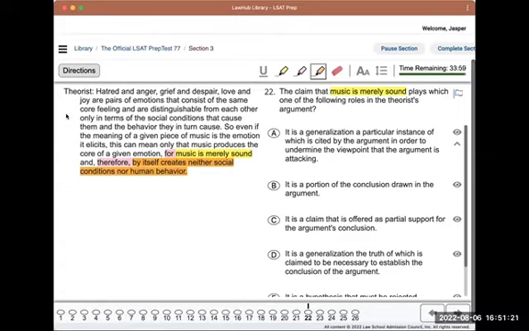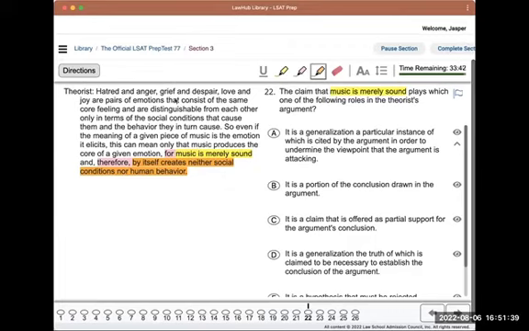Okay, so let's see by actually reading the whole thing what we're dealing with. A theorist says that hatred and anger, grief and despair, love and joy are pairs of emotions that consist of the same core feeling and are indistinguishable from each other only in terms of the social conditions that cause them and the behavior they in turn cause.